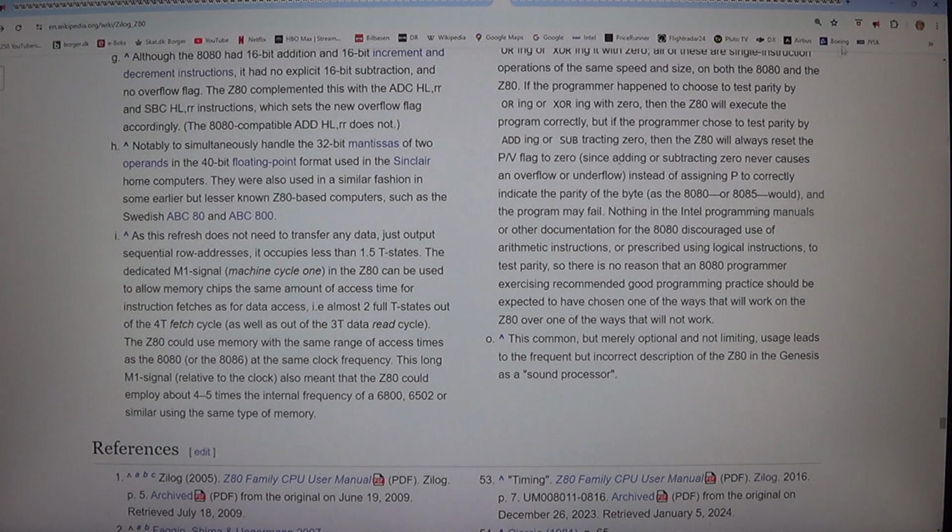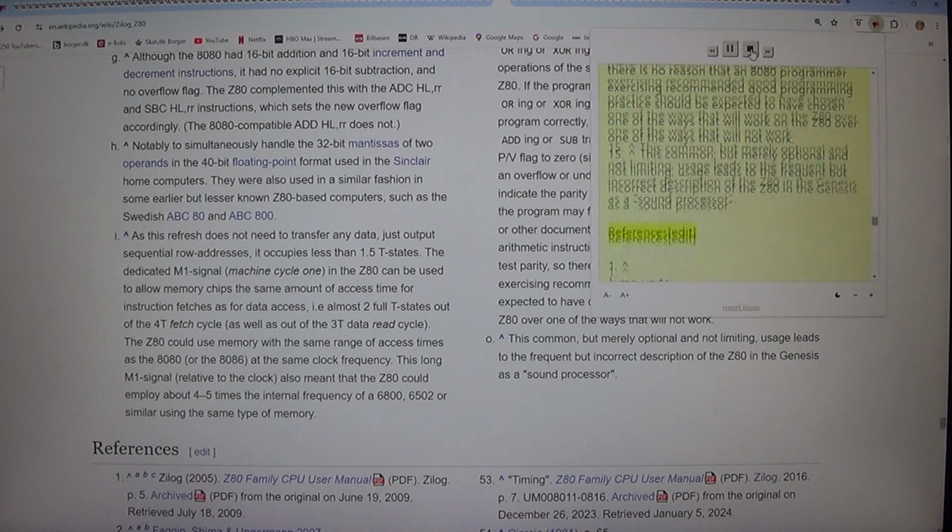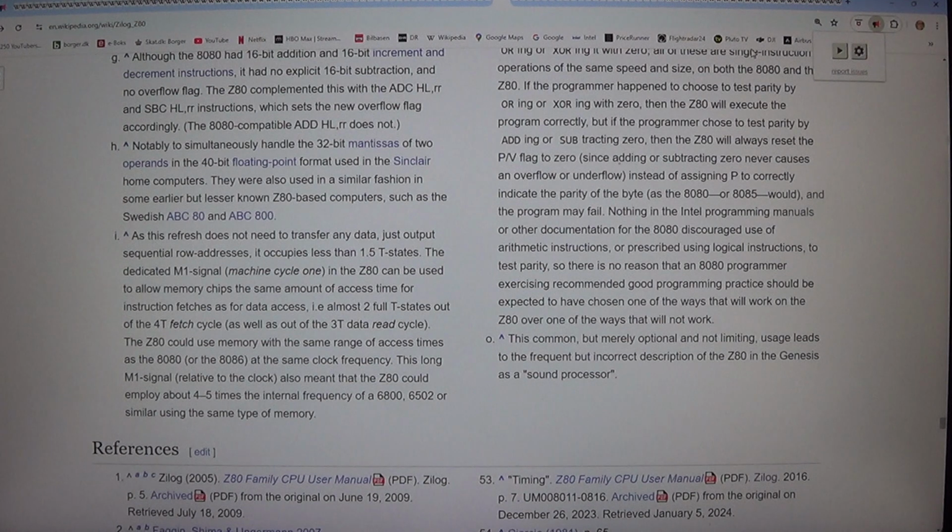This common, but merely optional and not limiting, usage leads to the frequent but incorrect description of the Z80 in the Genesis as a sound processor. References.